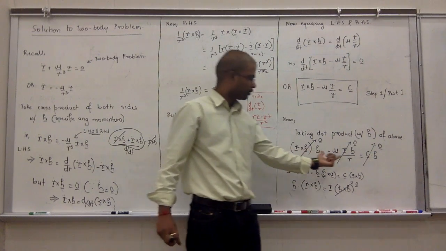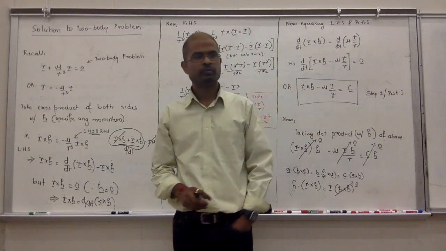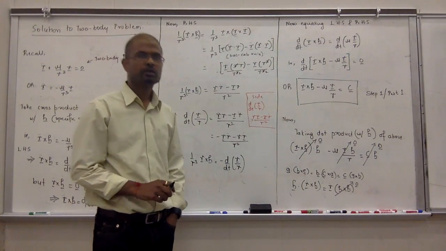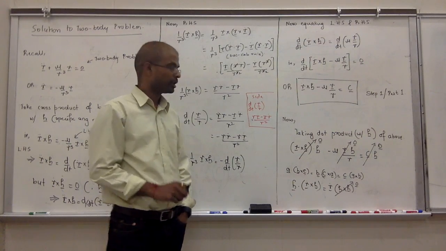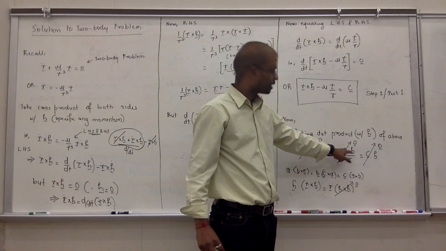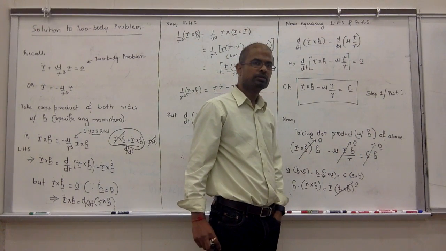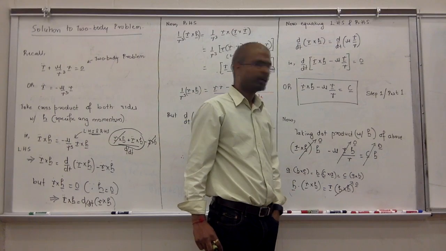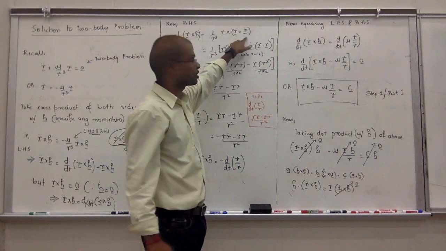Alright. Why is this 0? What is the direction of H with respect to R? H is defined as R cross with R dot.